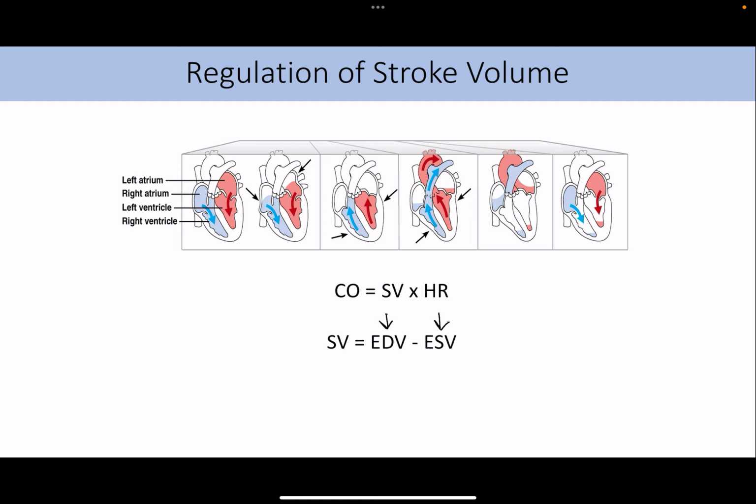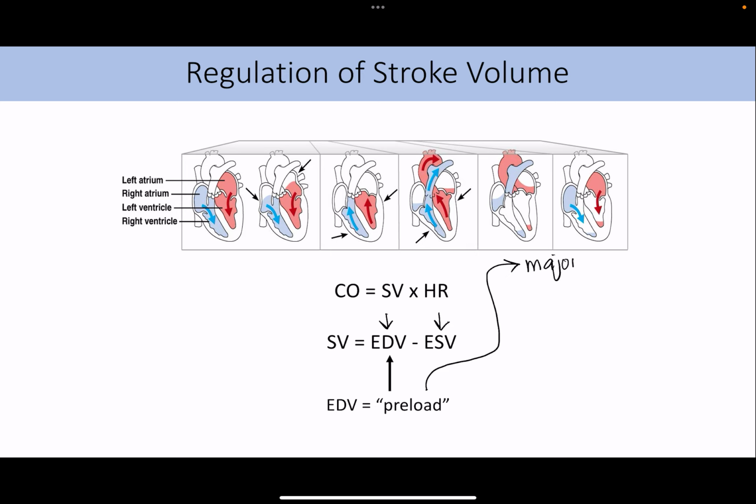Preload is how much your cardiac muscle cells stretch to allow for contraction, but that's not something that can necessarily be measured. And so we actually equate it to your EDV, which is your volume that you start off with. And so this EDV or preload, and I believe this says it in your notes, it's a major intrinsic regulator of the heart.